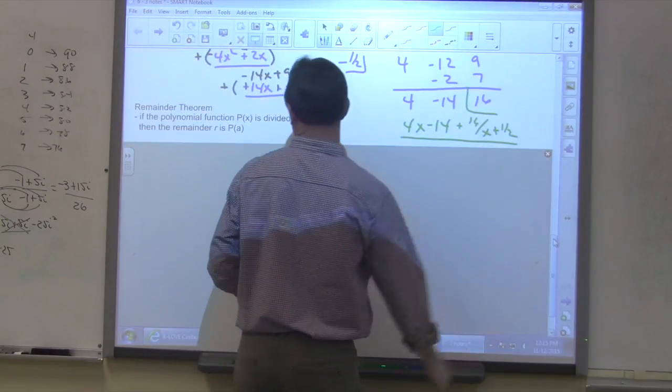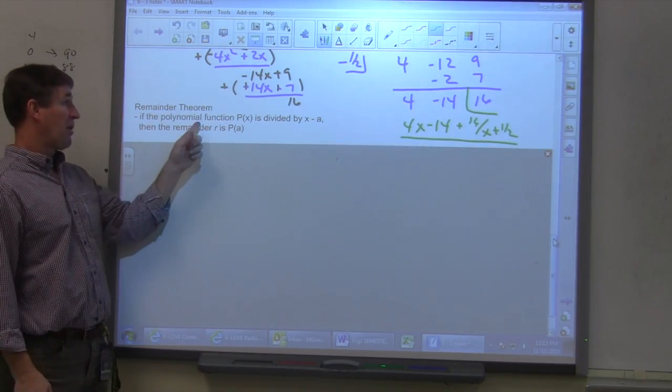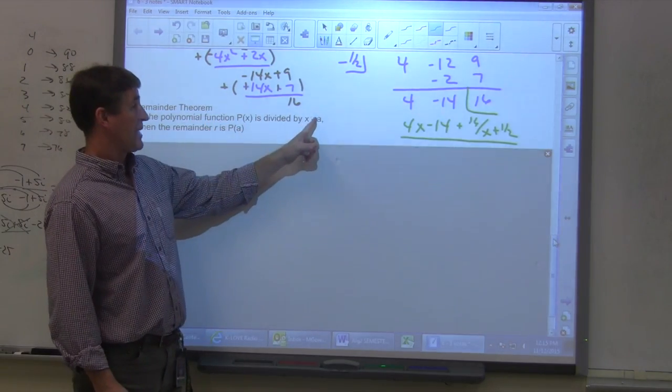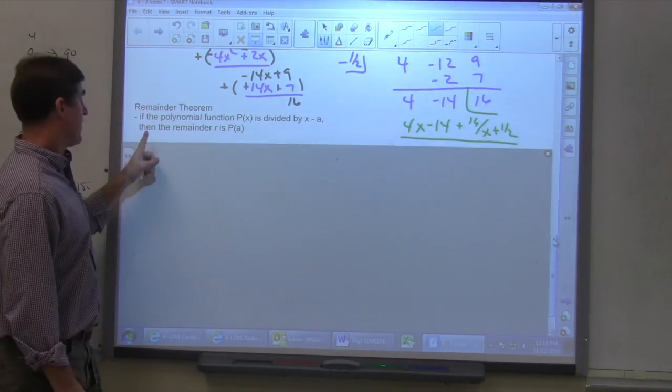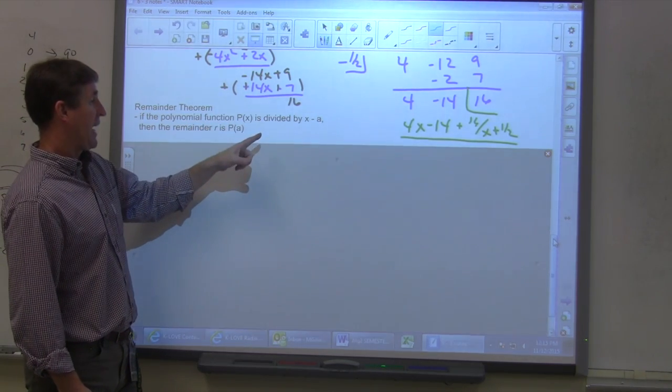The next thing that we're going to do is what's called the remainder theorem. The remainder theorem says if the polynomial function p of x, whatever that polynomial is, is divided by x minus a, then the remainder r is p of a.